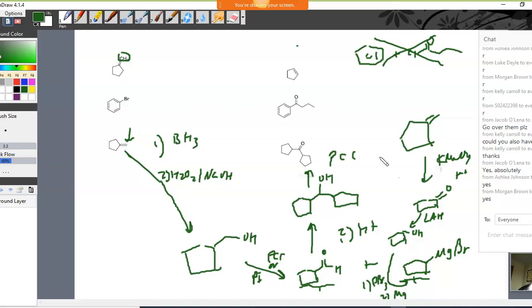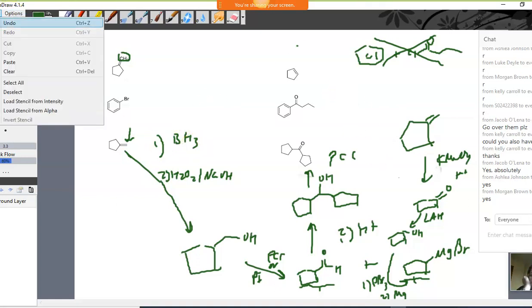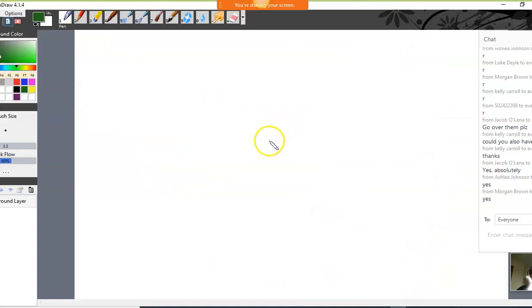So maybe make a piece of paper. Actually, why don't we do that right now? Let's do it all together since this is review. This is something else I tell you guys to do. You all have your notes, but if you want to organize your notes a little bit better, I would have, on a piece of paper or a flash card or something, how you make a specific functional group.